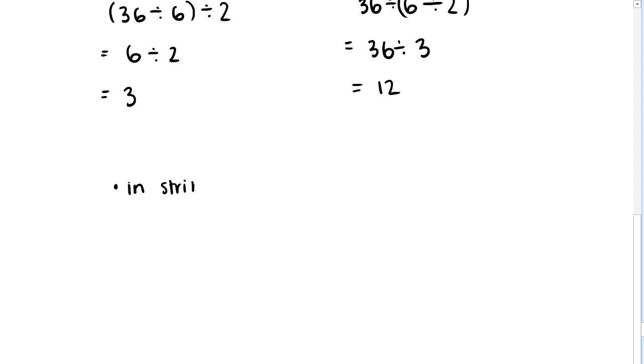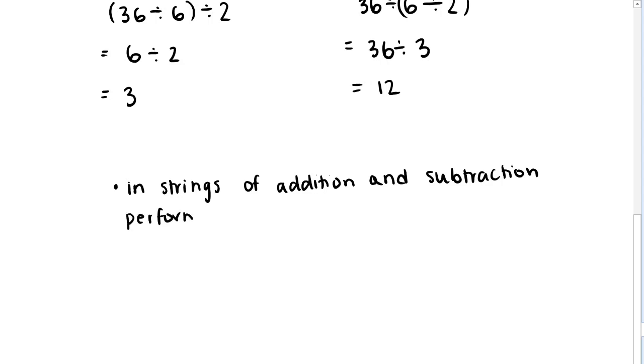In expressions where there's just a bunch of strings of addition and subtraction, there's no multiplication or division involved, just addition and subtraction, we perform the operations from left to right.